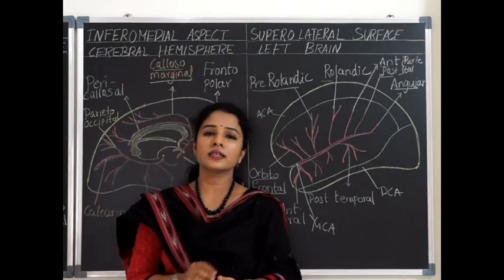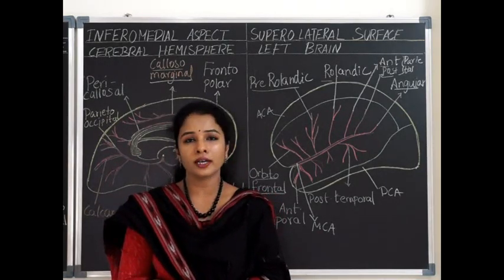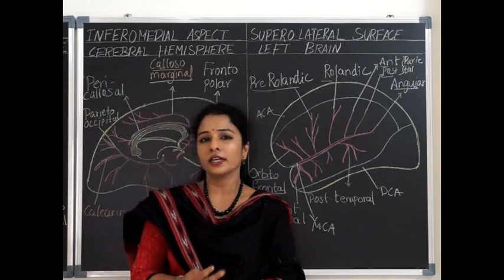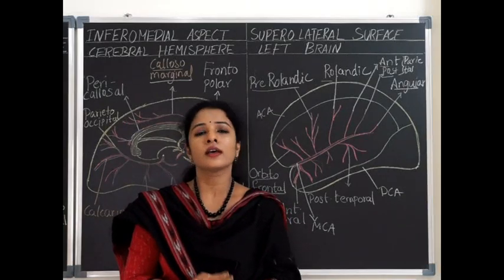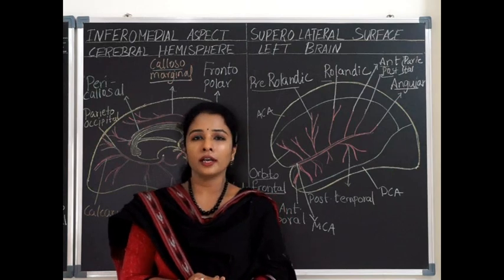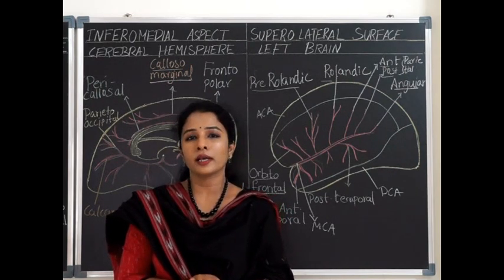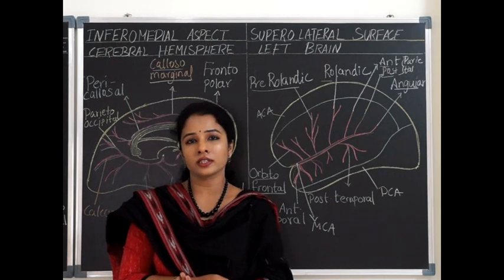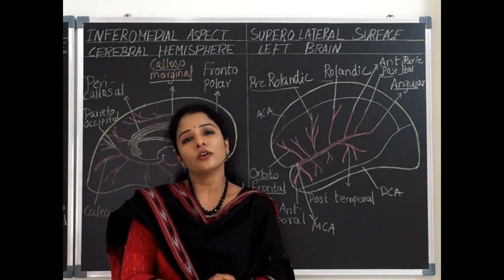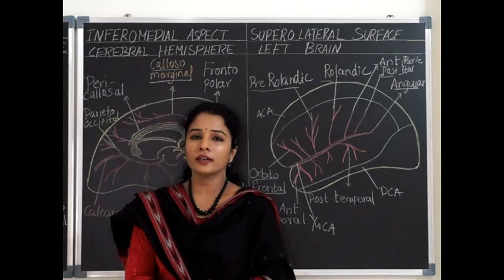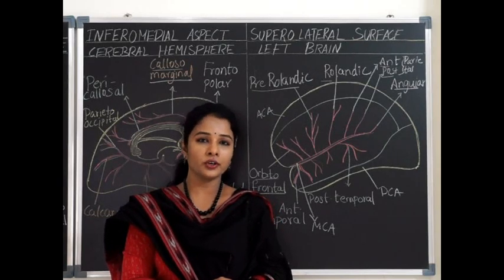The other branches are the central branches and choroidal branches. Central branches we already have seen in the circle of Willis, which are called anteromedial, anterolateral, posteromedial and posterolateral groups, which are meant to supply the basal ganglia and deeper structures in the base of the brain. The choroidal branches are two choroidal arteries, anterior choroidal and posterior choroidal.